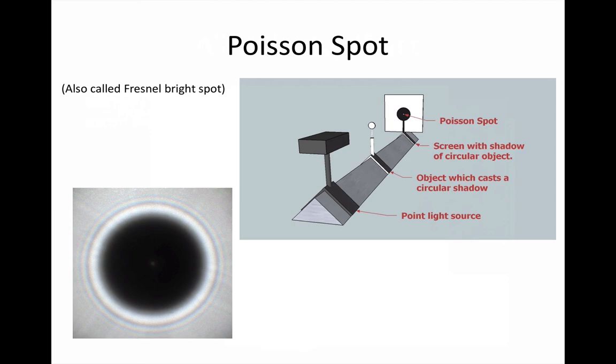Poisson decided this was an absurd result, that there would be a little bright spot, and that should disprove Fresnel's theory. Unfortunately for him, someone actually tried the experiment, and sure enough, the spot was there. Fresnel won the competition, and Poisson was left with the embarrassment of having his name put to his most public mistake. This shows the danger of assuming the result of an experiment instead of actually doing it.